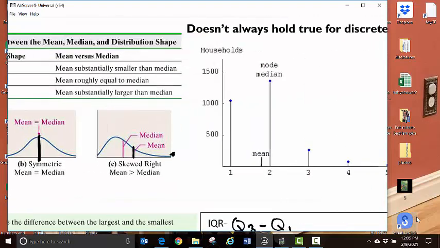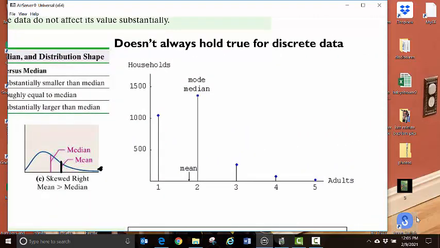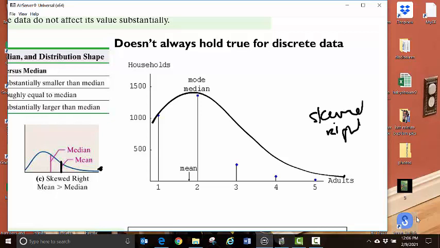Okay, very occasionally, this is actually some discrete data, and it's the number of adults in a household. It is skewed right. So we would assume that the mean would be to the right of the median.